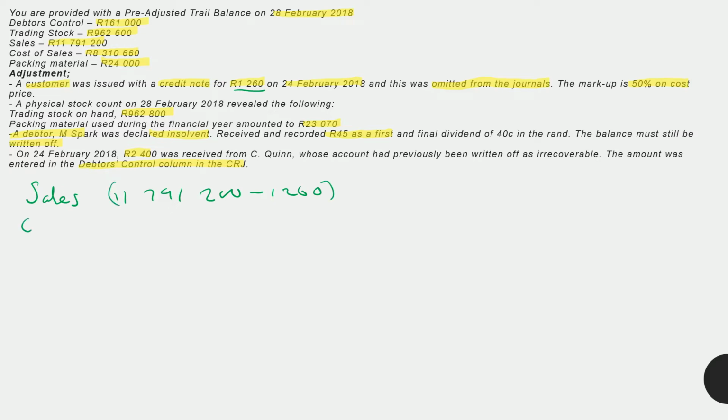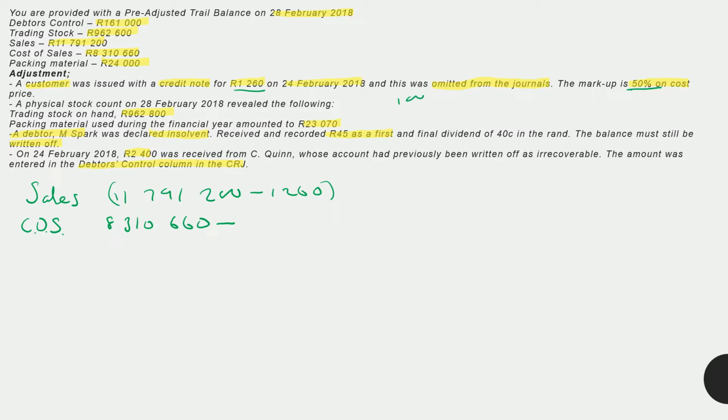Then cost of sales, which is 8,310,660. Minus as well, we need to remove this amount. How do we calculate that?